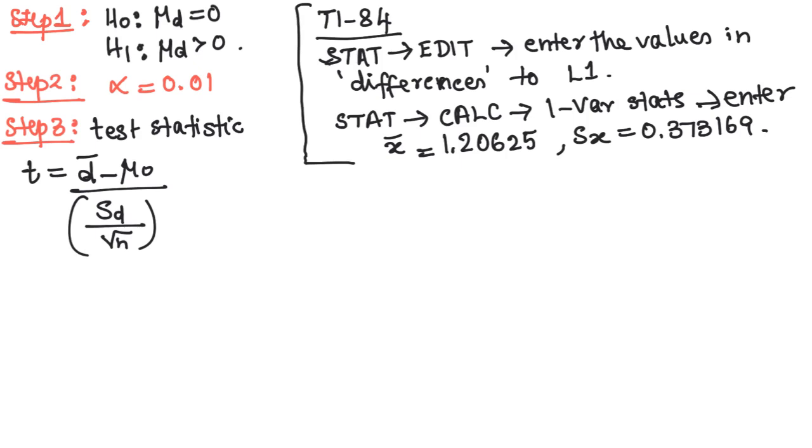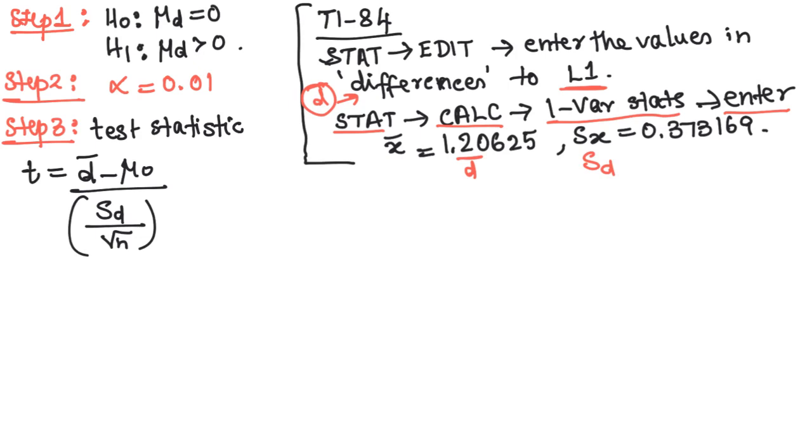In the calculator, I entered the values in the differences row into L1, and then I pressed stat, calc, one-var stats, and enter to find the mean and the standard deviation. So this one is D bar because these are the differences, and this one is s d.